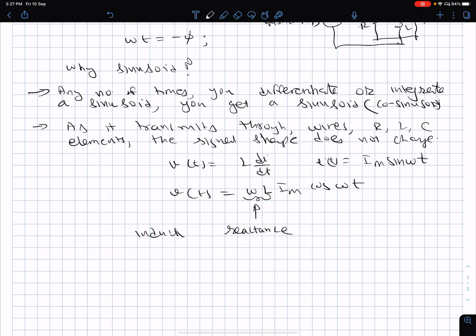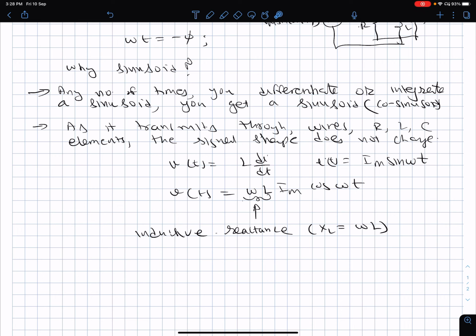I'll connect it later on again, but the signal is scaled by that value and has been phase shifted by 90 degrees because the sinusoid has become cosinusoidal. Other than that, it's still a sinusoidal waveform, which is just scaled and phase shifted.